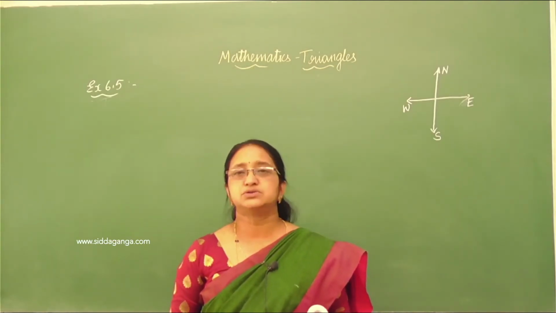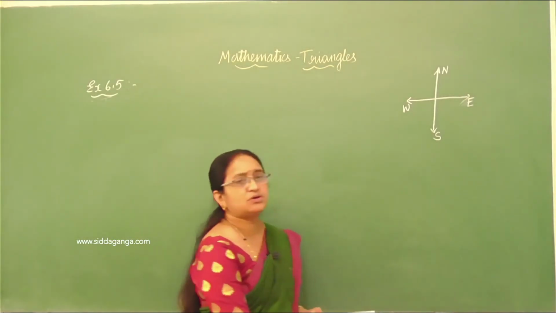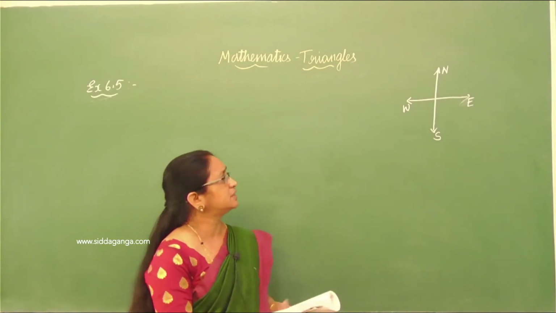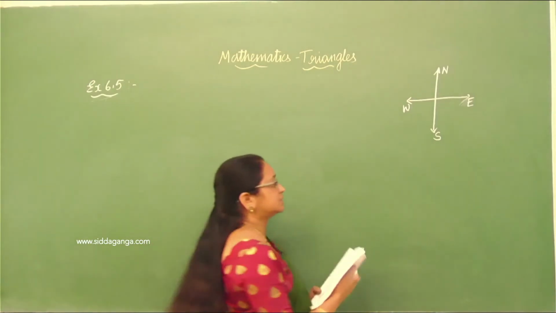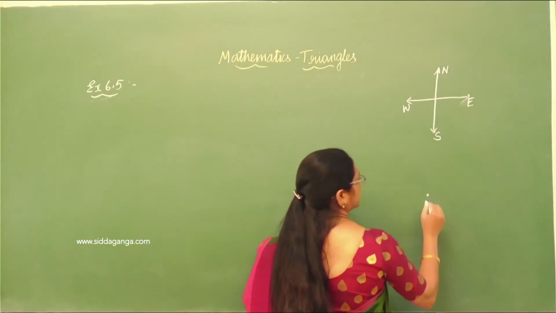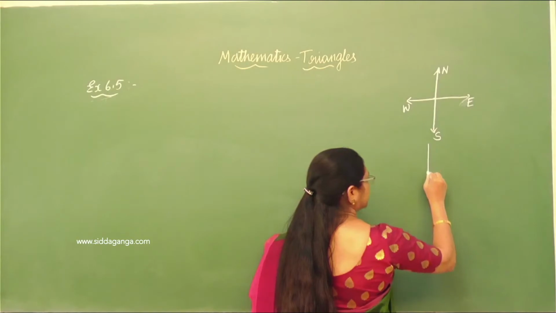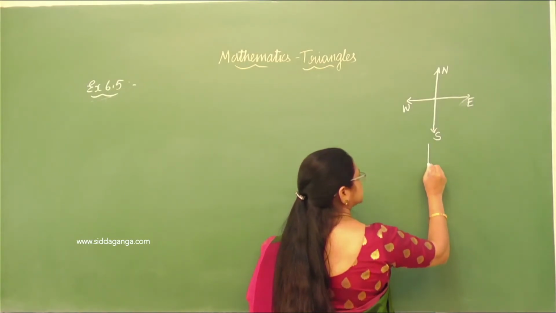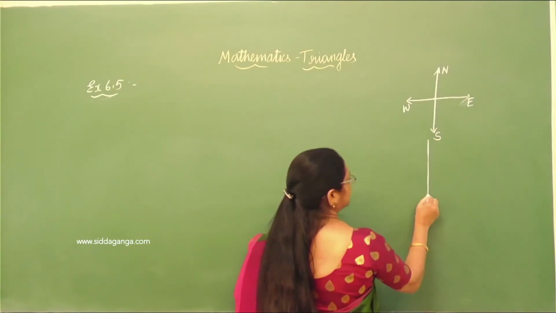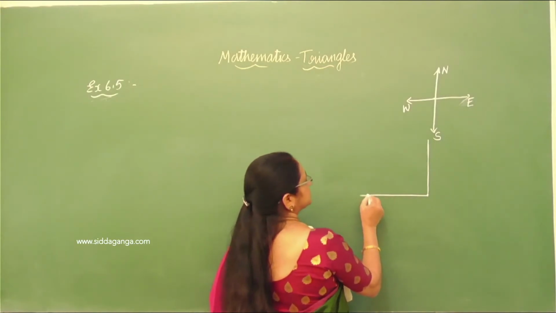So there are two aeroplanes. If you want to draw the diagram, how can we draw it here? Now this is the airport. One aeroplane is moving towards the north like this, and another aeroplane is moving towards the west.